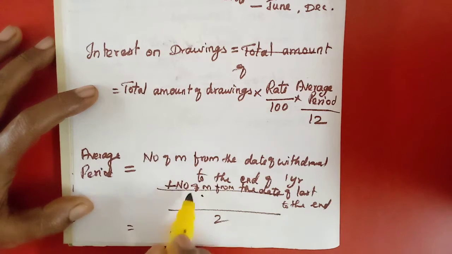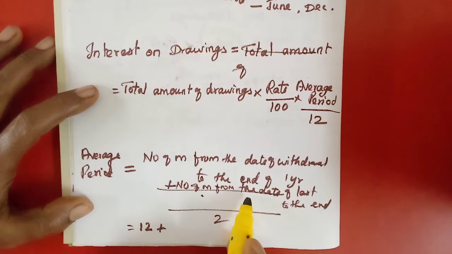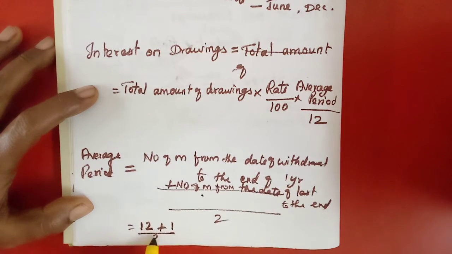will we get till the end of the year? Number of months 12, isn't it? Then the last withdrawal, which day? December 1. So there we will get 1, isn't it? Then divided by 2.